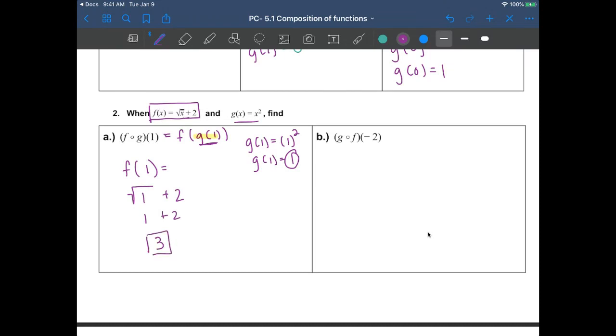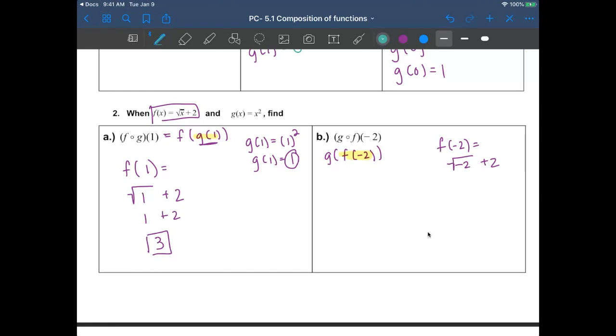And that's that. Next, we're looking at g of f of negative 2. Where do we start? We start on the inside, so I do it on the side. f of negative 2 is equal to, I'm going to plug in right here, the square root of negative 2 plus 2.